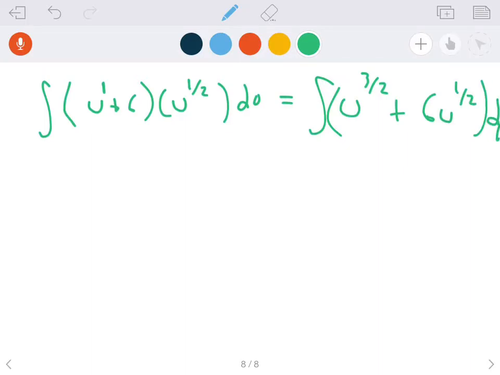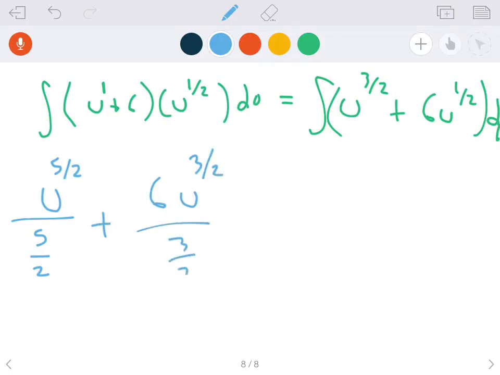And now I can integrate that. For the first term, if I add 1 to 3/2, that'll be 5/2. Divide by it, plus 6u to the 1/2 plus 1 is u to the 3/2, divide by it.